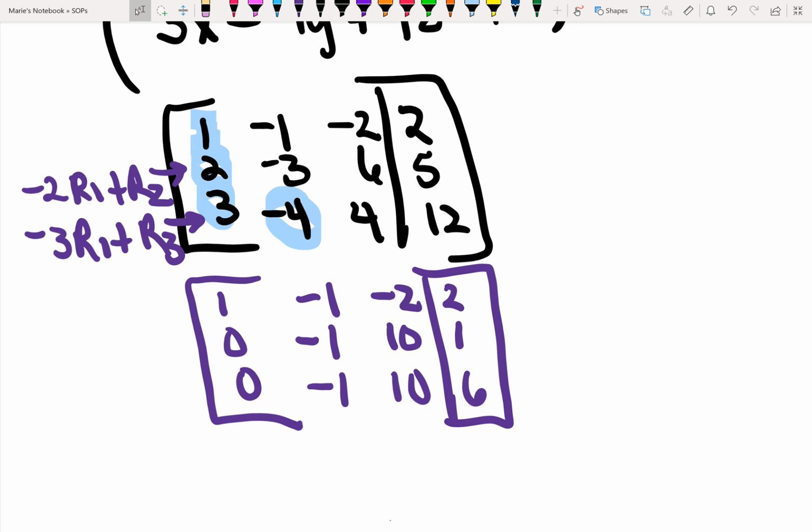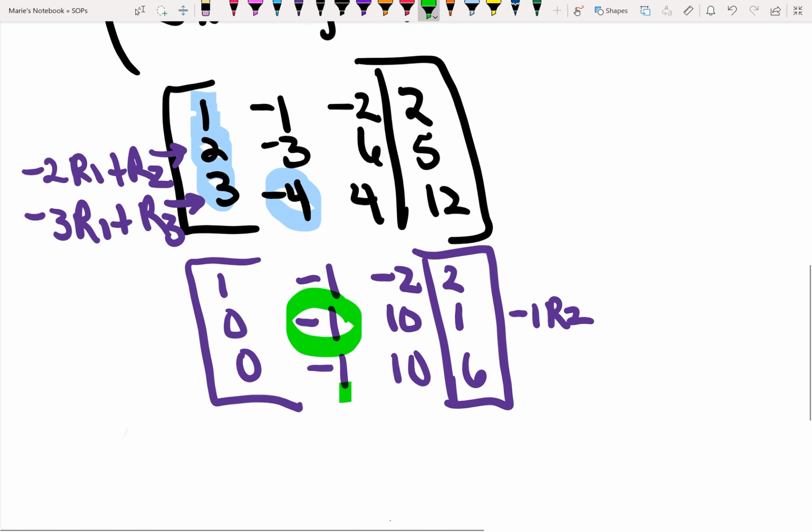So to correct this middle row, I want to multiply -1 times row 2, and that'll make this a positive, which is what I want. I need a +1 here. Okay, and I also want the -1 here to go away. I want it to become a 0. So here's what we're going to do.